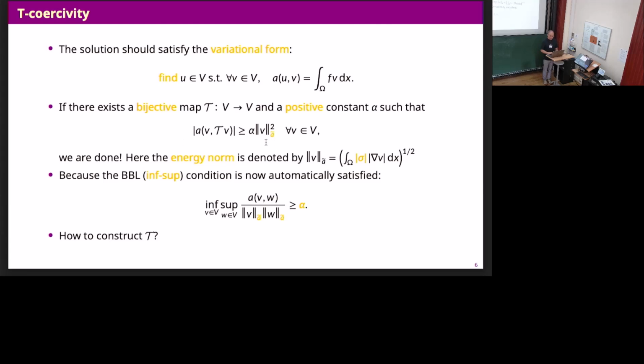And then this energy norm on the right-hand side, we used a tilde to denote this energy norm, and it's defined using this definition. And the consequence is that if this T-coercivity condition holds, then we can obtain this inf-sup condition for this bilinear form A, with this positive constant alpha.